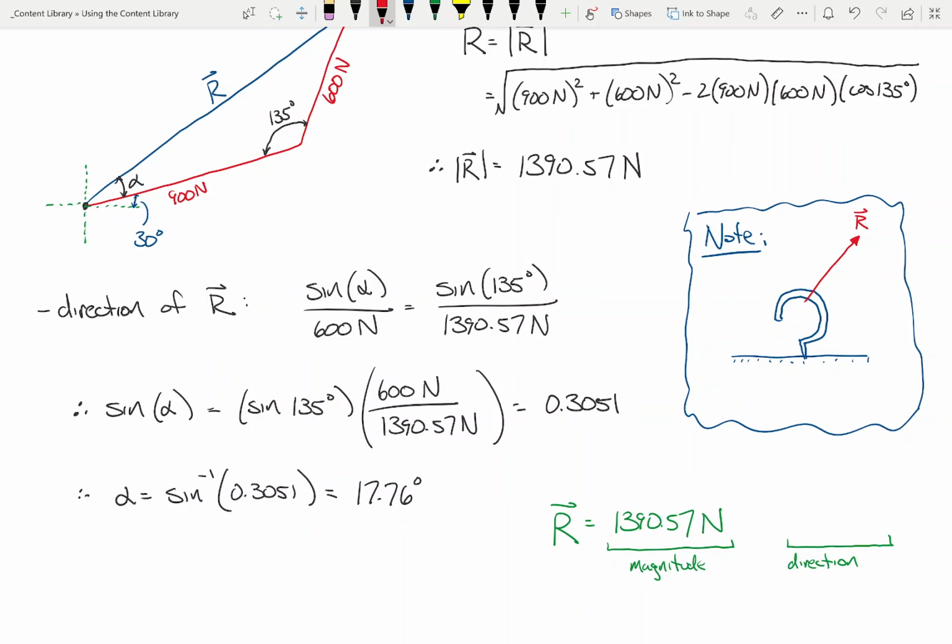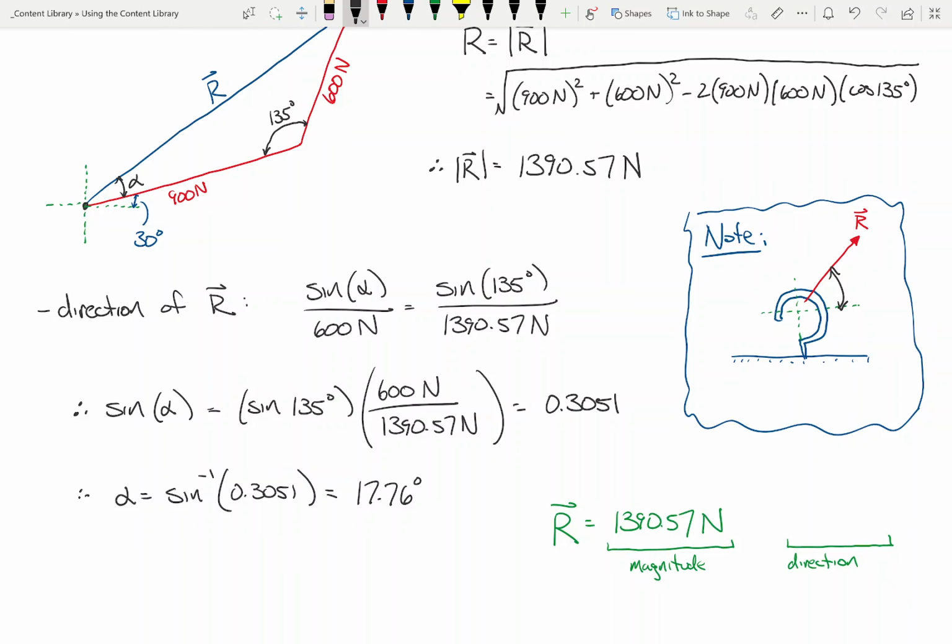So probably the easiest way of doing that would be to say, okay, here's that coordinate system. And what I'm after is this angle.